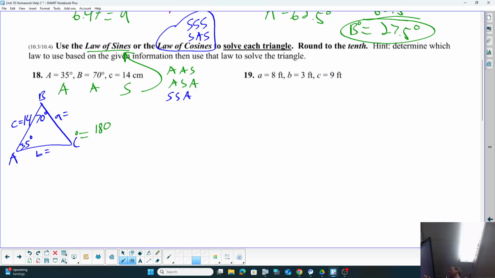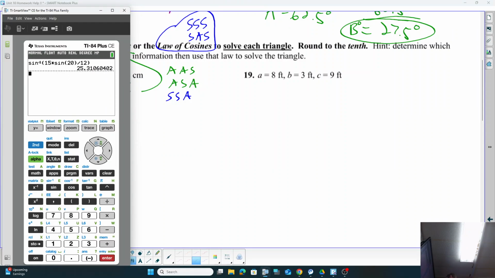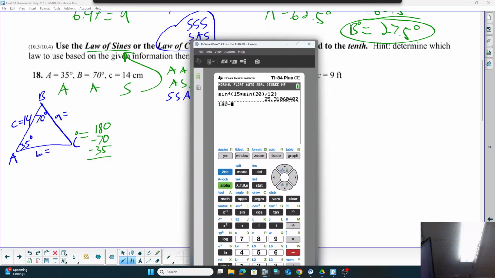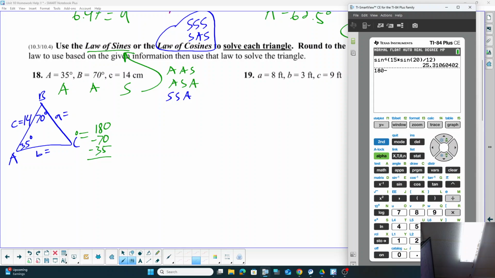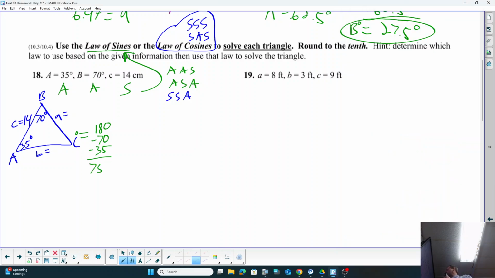It's 180 minus 70 minus 35, and that's going to give us angle C. So 180 minus 70 and then minus 35 gives us 75 degrees. So that's what angle C is. We already found an answer, and we can also use that answer now.